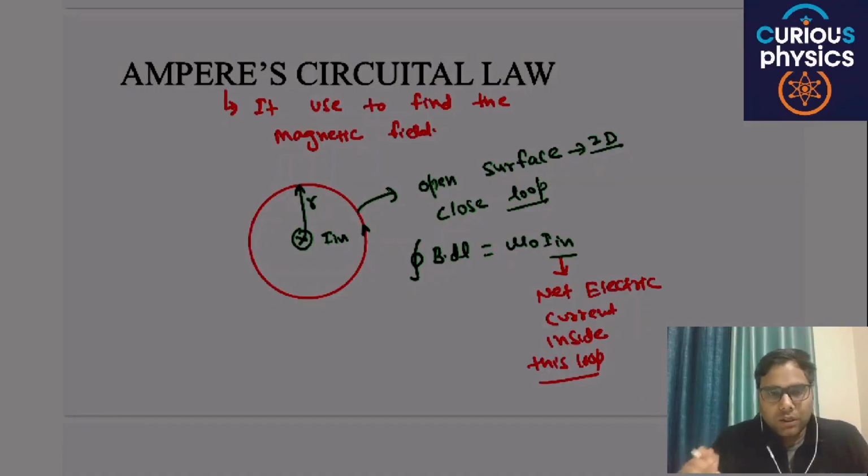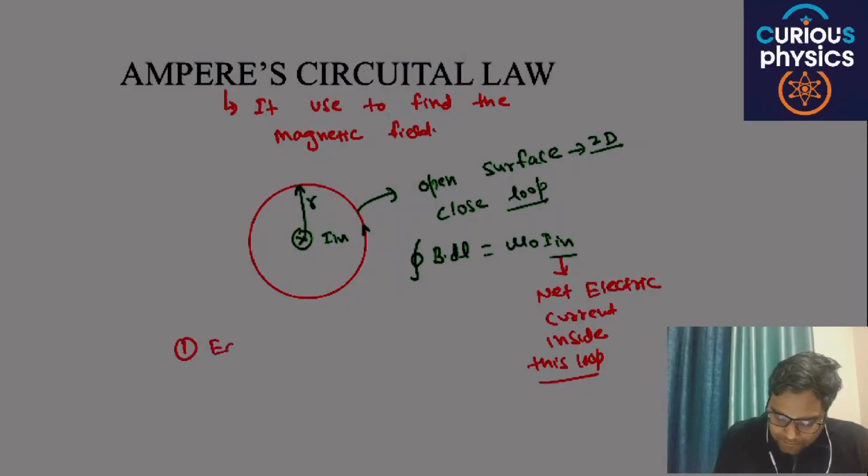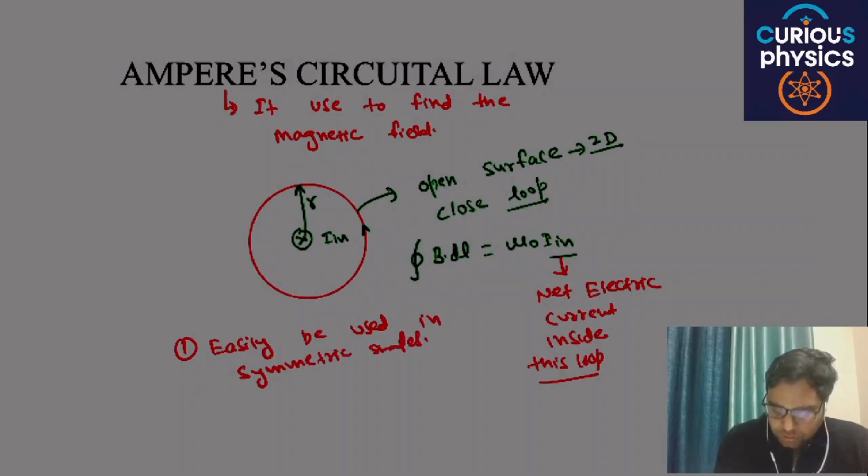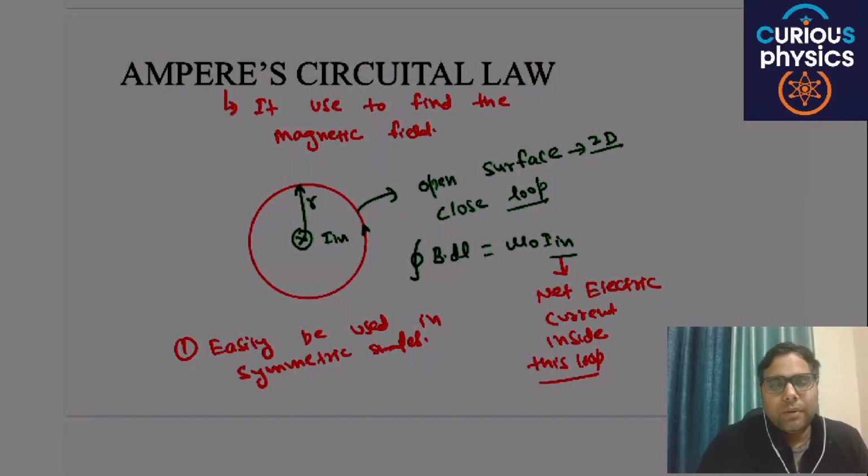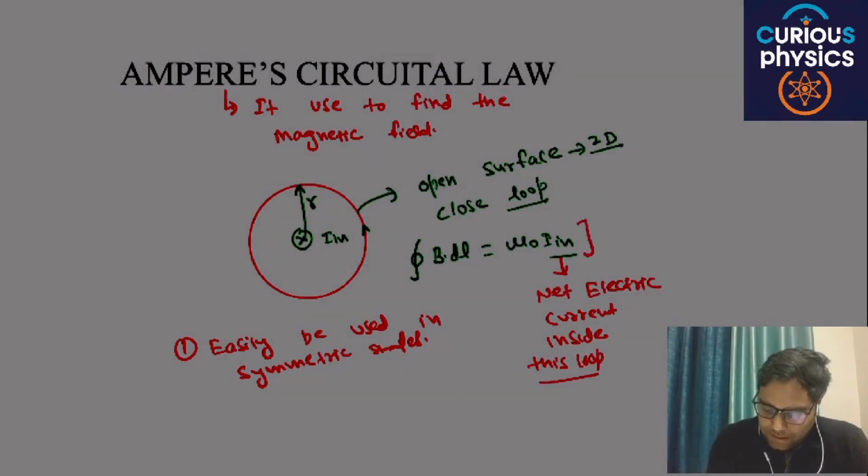It can easily be used in symmetric circuits, symmetric loops, and symmetric shapes, just like Gauss law. Are you able to understand my point or not? This is basically the Ampere circuital law.